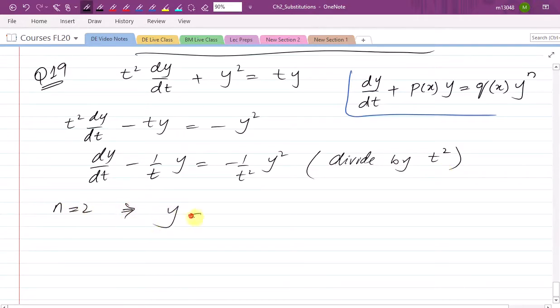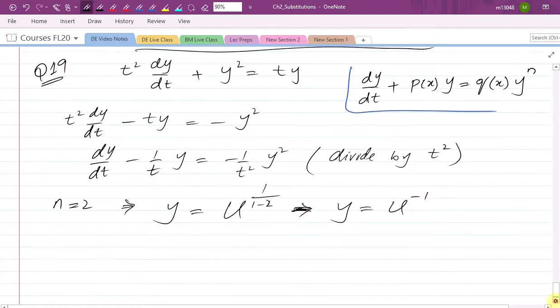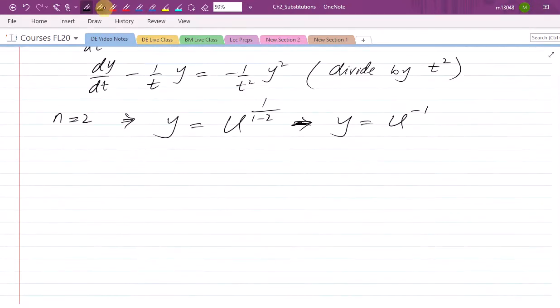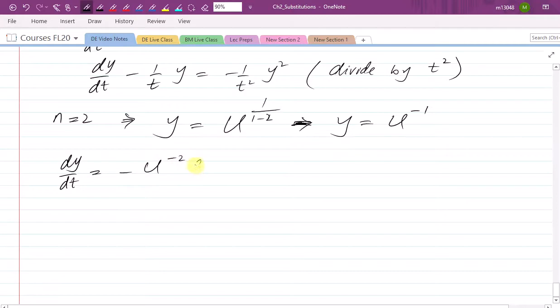Now we have our n is 2. This implies our substitution y equals u power 1 over 1 minus n, which implies y equals u power minus 1. Alright, now we take the derivative. dy by dt, remember that our independent variable is t this time, not x, equals minus u power minus 2 du by dt.